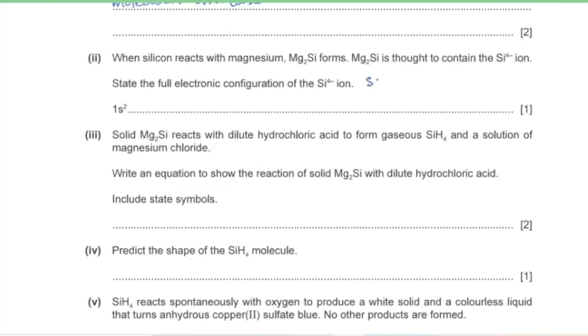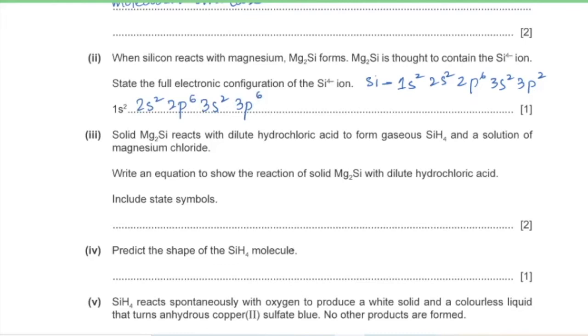So silicon atom has an electronic configuration of 1s2, 2s2, 2p6, 3s2, and 3p2. Now to add 4 more electrons to make the silicon atom change to silicon 4- ion, it would become 1s2, 2s2, 2p6, 3s2, and 3p6. 4 electrons were added to the highest energy level over here.